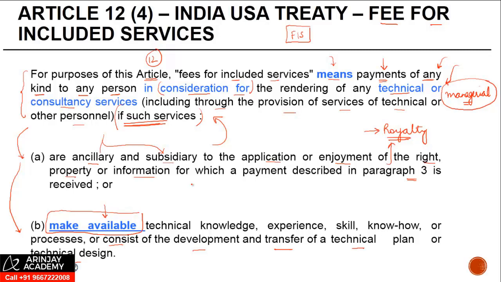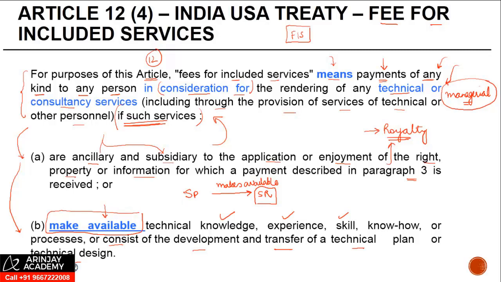So suppose a service provider and service recipient exist. When a service provider provides a service, he makes available any of the following, which is technical knowledge, experience, skill, etc., to the service recipient, then it will amount to FIS. What is make available?